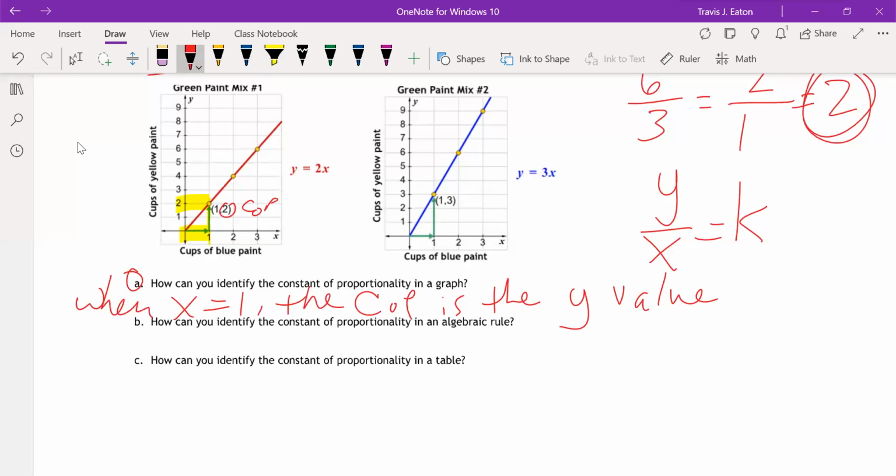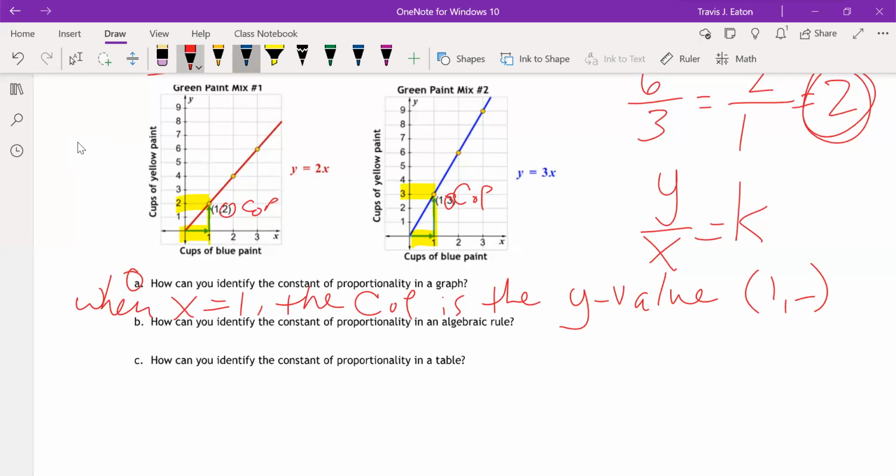And in the second graph, when x is 1, go up and over, and you can find what your y value is. In this case, the y is 3, and that's our constant of proportionality. So the thing you have to remember when you're looking at a graph: when x is 1, the constant of proportionality is the y value that goes with it.